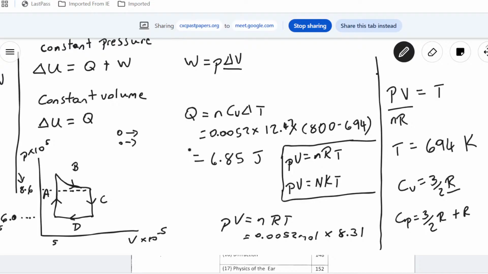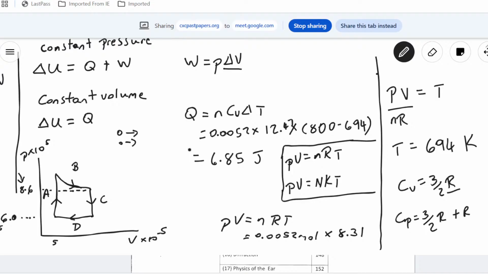And if the pressure is constant and we are decreasing the volume, the temperature is going to go up, right?